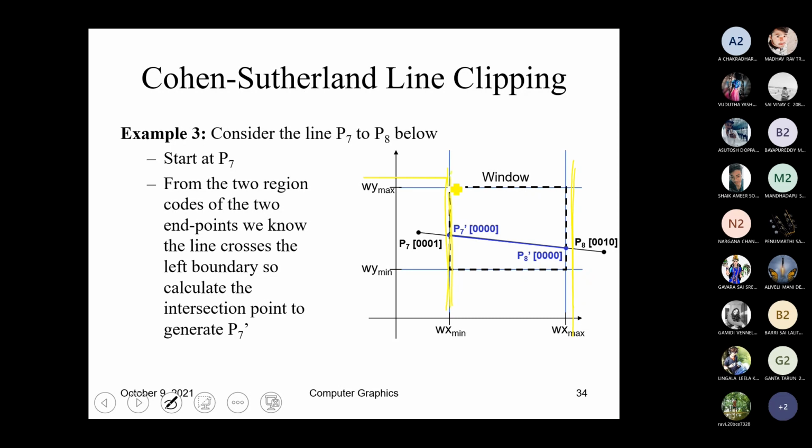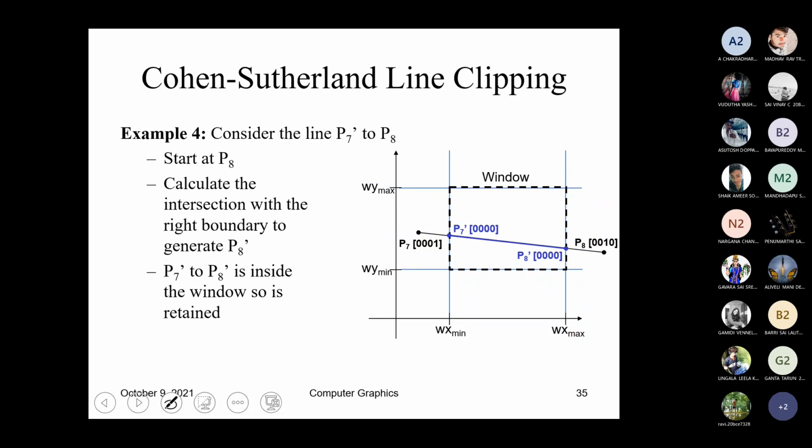If you find the intersection point towards the left and the intersection point towards the right, you will be able to get this point. This point will be 0000, and even this point will be 0000. So when it is reaching from 0001 to this point, you will be clipping this point. Even this point also should be clipped off.